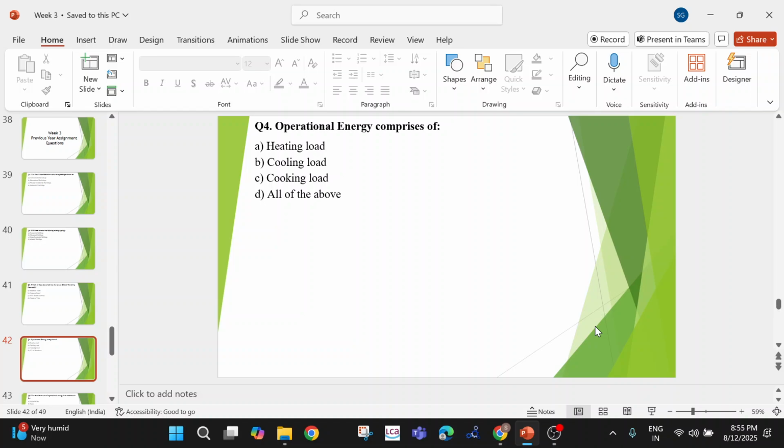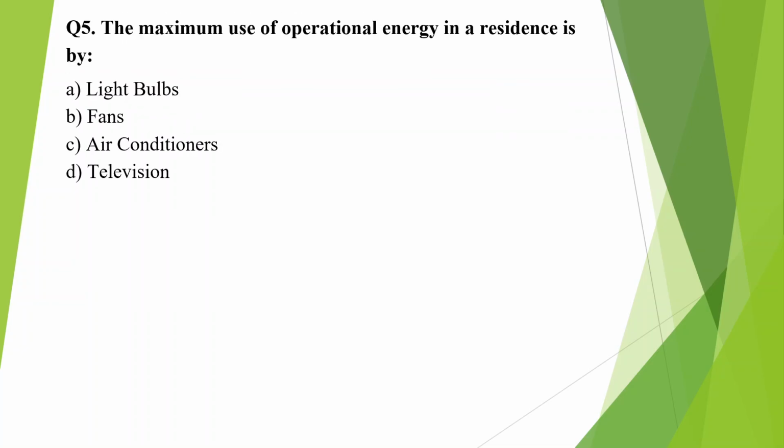Okay, so let's move to the next question, question number 5. The maximum use of operational energy in a residence is by? This is a very easy question if you know the answer. Maximum use is not a multiple choice question; it talks about only one option.